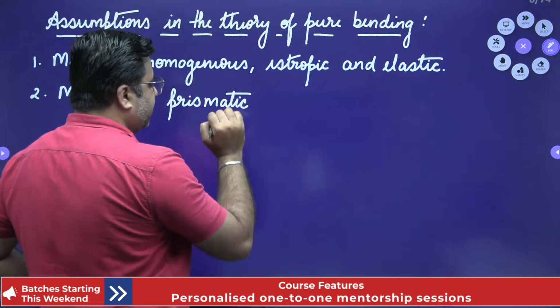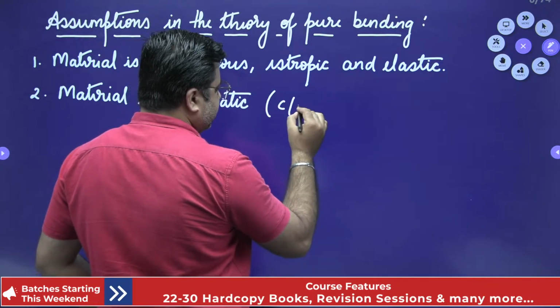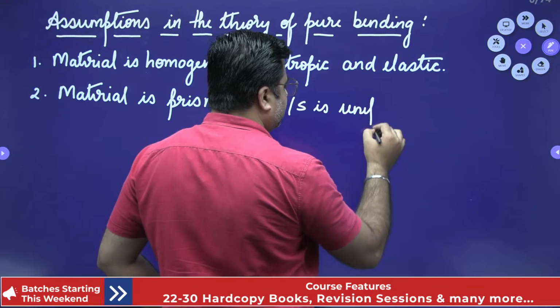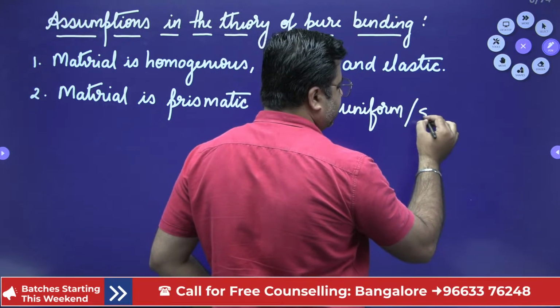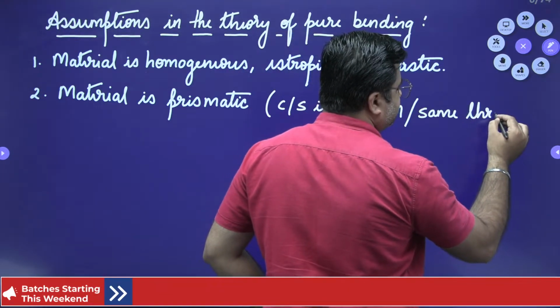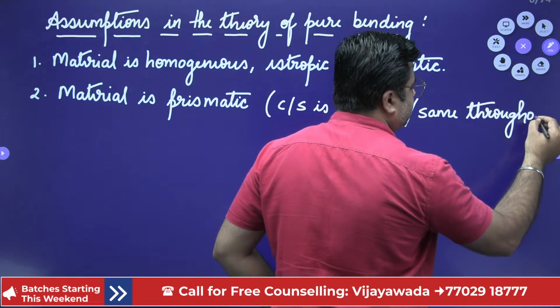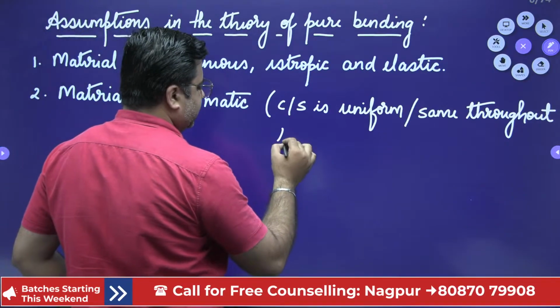So what do we mean by prismatic material? Cross sectional area is uniform, or cross sectional area is same, one of the same thing, same throughout the length.